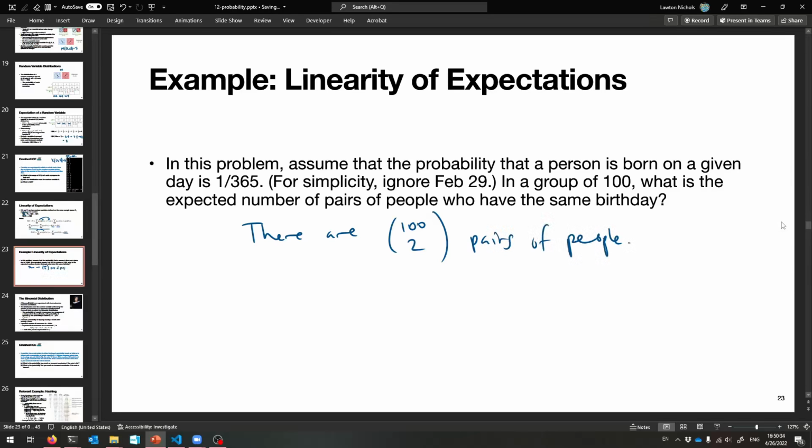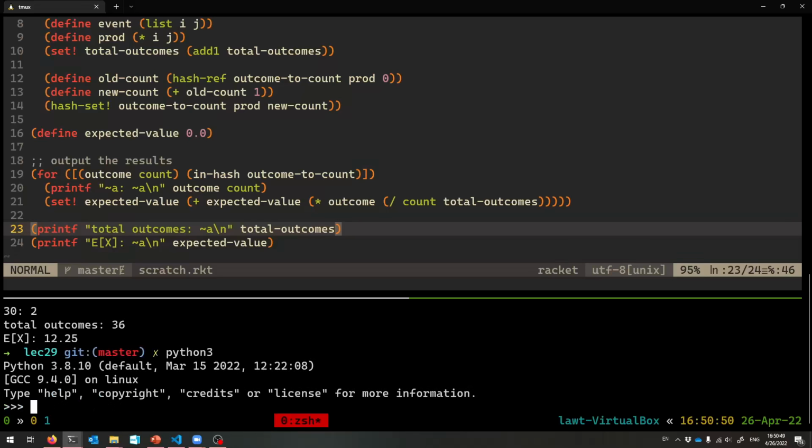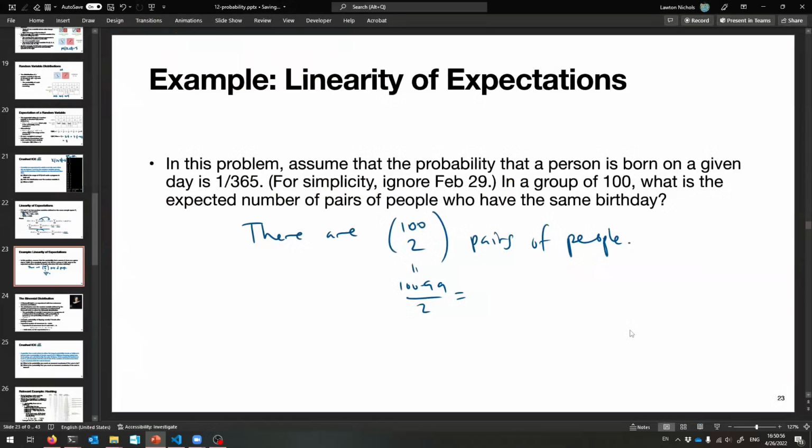So we can't forget about our combinatorics. And this is equal to 100 times 99 over 2, which is, let's figure out what that needs to be, because we want a number in the end. So that was 100 times 99, all that over 2, 4950. So that's the number of pairs of people possible.